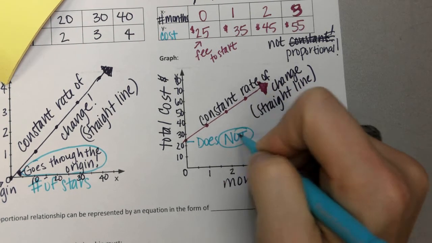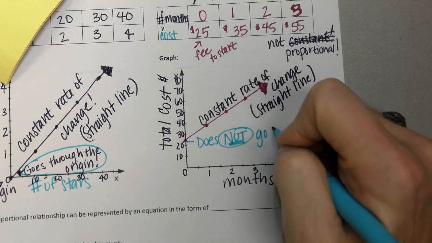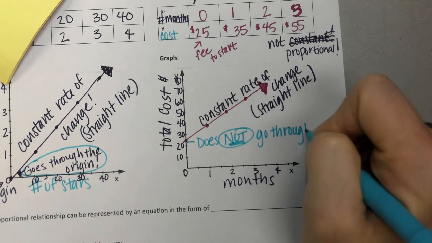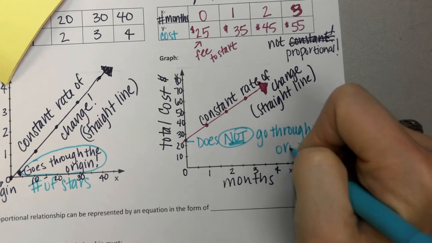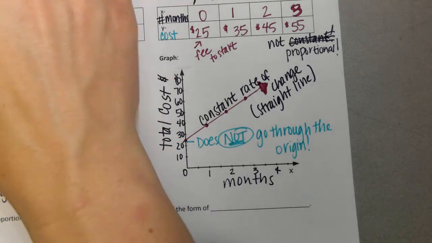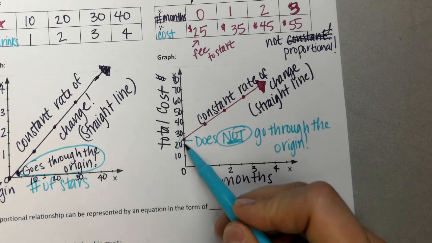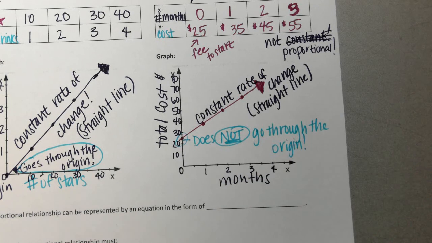And that right there is going to tell you if something is proportional or not. And if it's not proportional, that's when we use that y equals mx plus b.